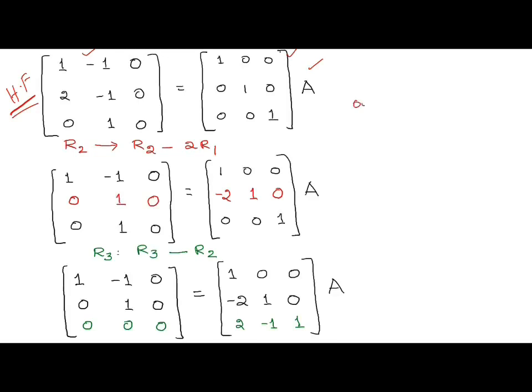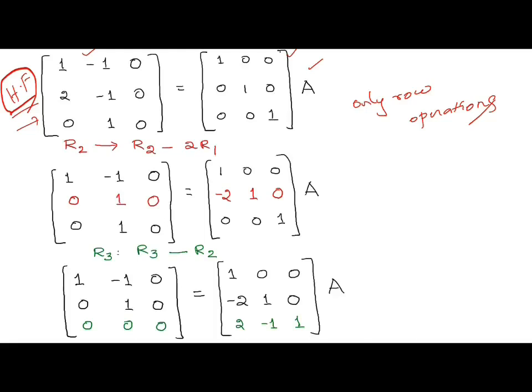I repeat, we use only row operations and convert this matrix into Hermite form. While doing so, because it is a transformation, we have to apply the same row transformation on this identity matrix.